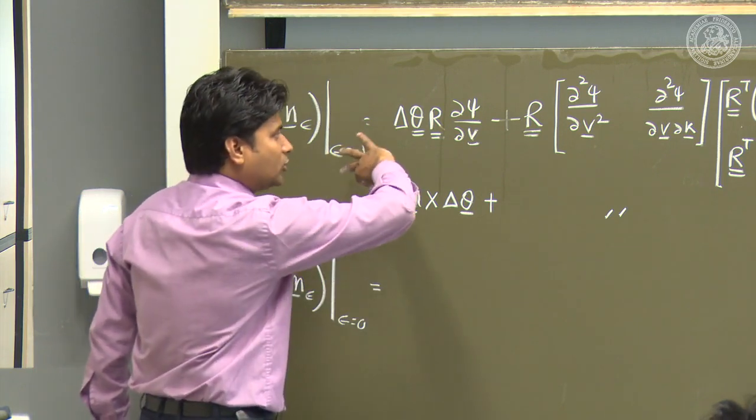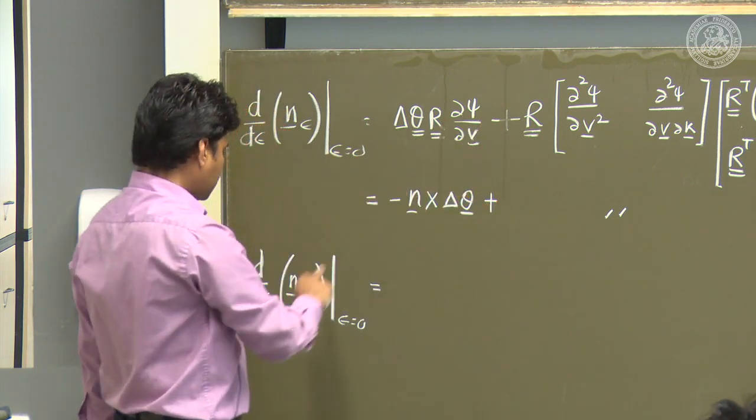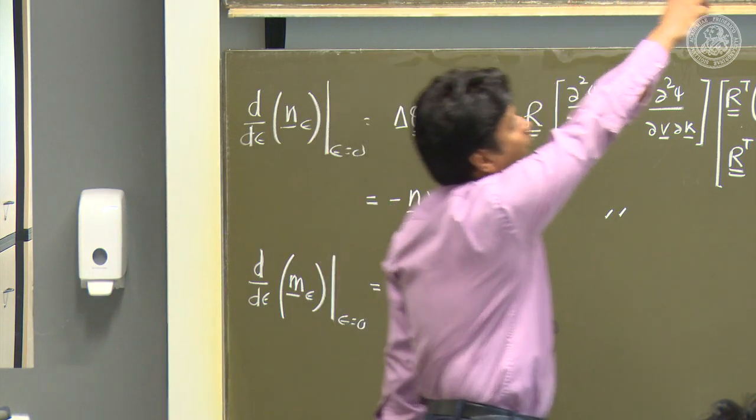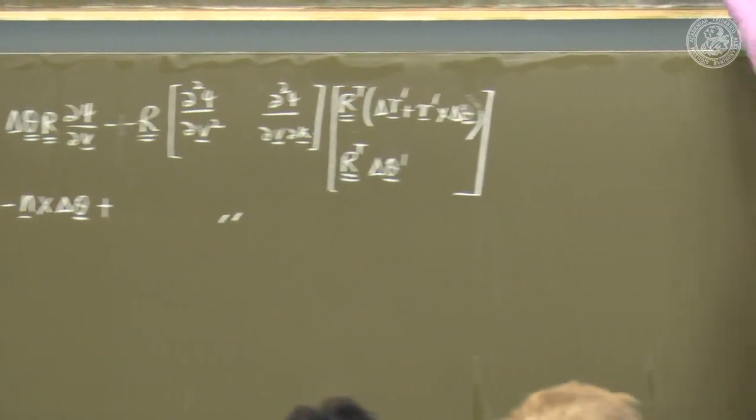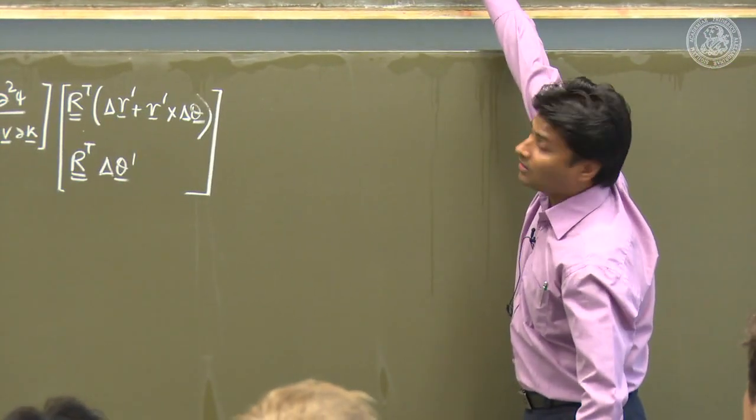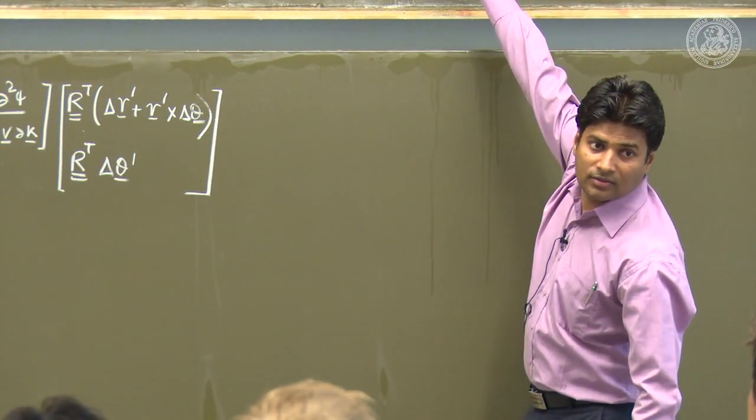It's going to be exactly the same way, because m epsilon, when you go over there, that will be big R epsilon times del psi by del k instead of del psi by del v. And then when you come over here, you have del 2 psi by del k del v into dv by d epsilon plus del 2 psi by del k 2 into dk by d epsilon.